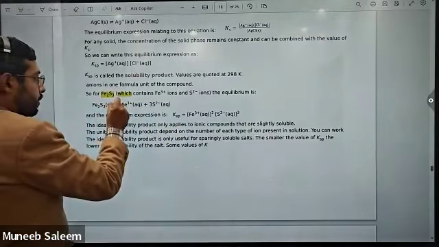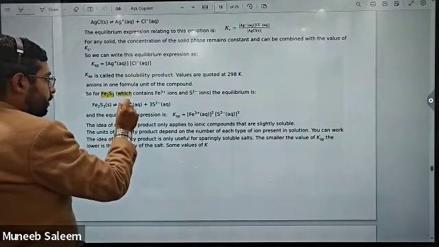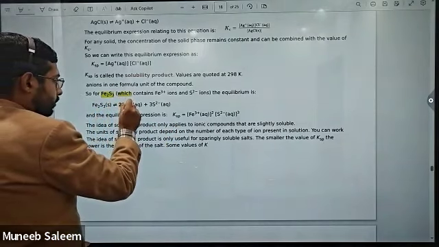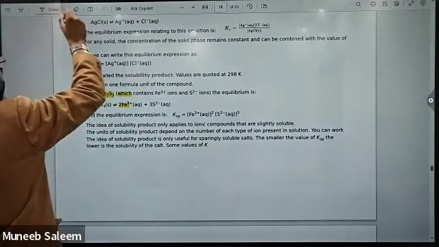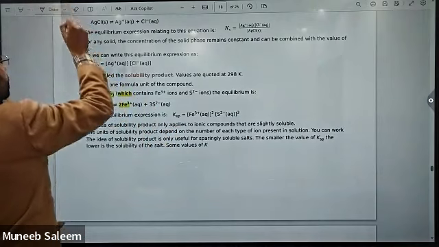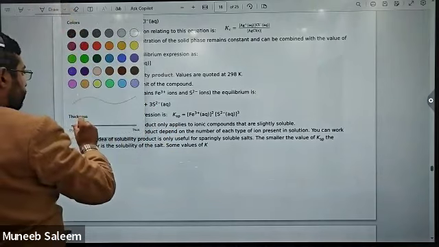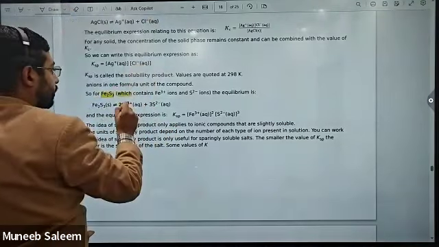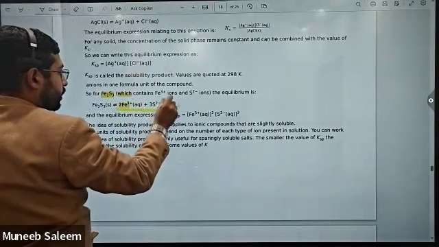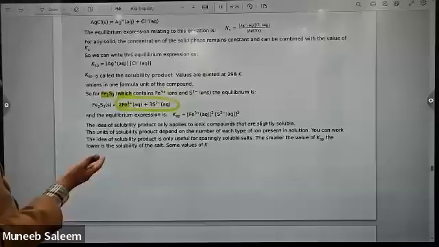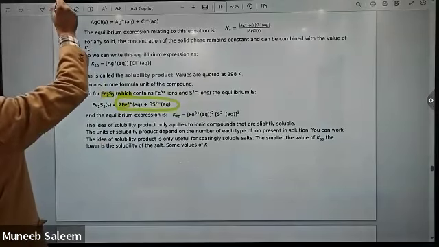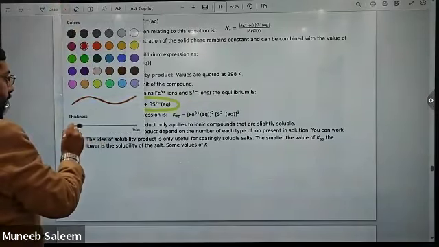We must have two Fe3+ ions and three times S2- ions. So basically, this is the equilibrium for the sparingly soluble compound.